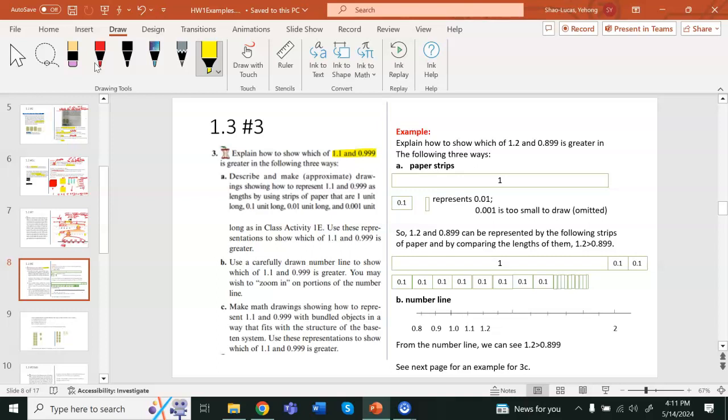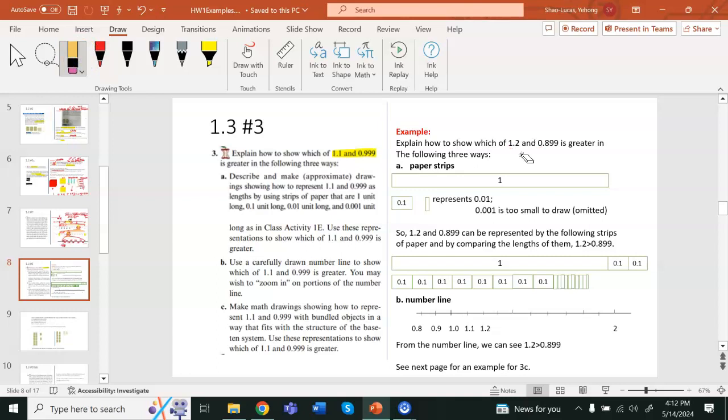But in order to help students understand this method, why this method works, we can use real objects to help them. So for example, I have 1.2 and 0.899. Normally we just compare the ones place, say 1 is bigger than 0. Of course, 1.2 is bigger than 0.899.